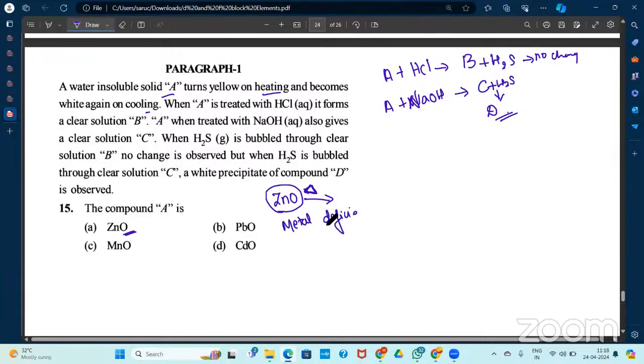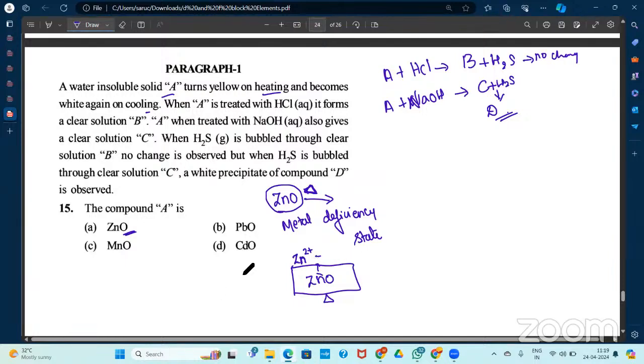Metal deficiency defect. Yes, if you have gone through the solid state chapter, you could have studied this. In this defect, zinc oxide will be there, and when you heat it, it will produce zinc 2+ vapor.